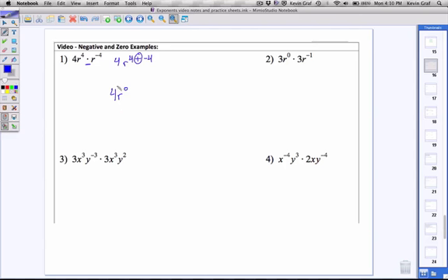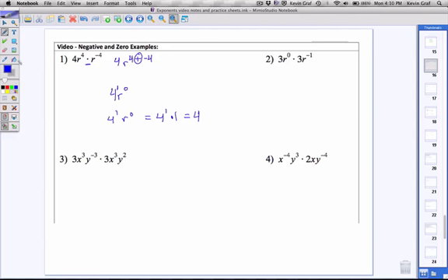Notice that 4 has no exponent, so that really means a 1. So this is really 4 to the 1 and r to the 0. Anything to the 0 is 1, which means this is 4 to the 1 times 1, which is just 4.